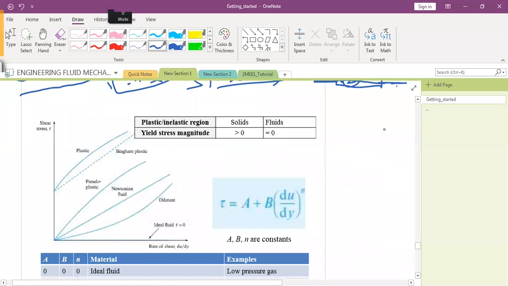How? Particles, atoms, they do rotate. When do they rotate? When they are subjected to some kind of forces. Under what conditions can they rotate? If you are deforming something, sir, yes.